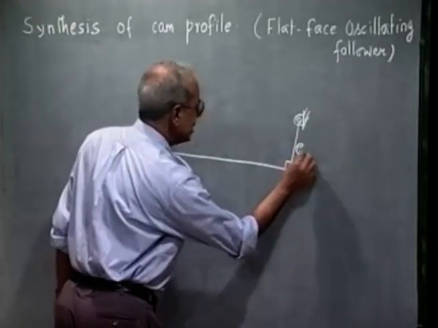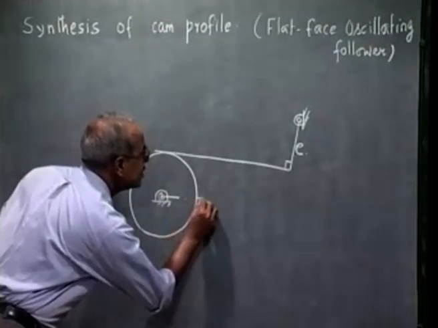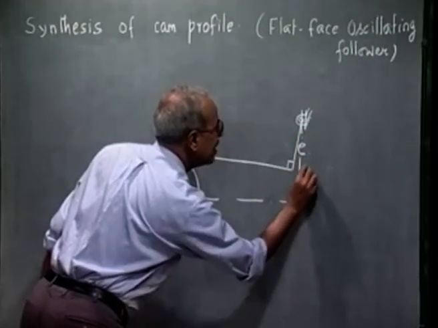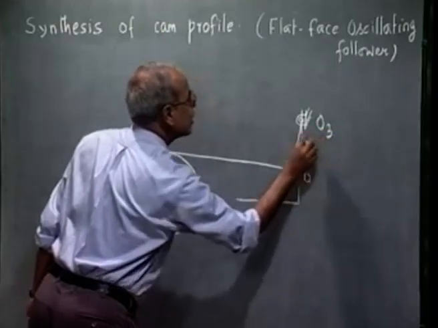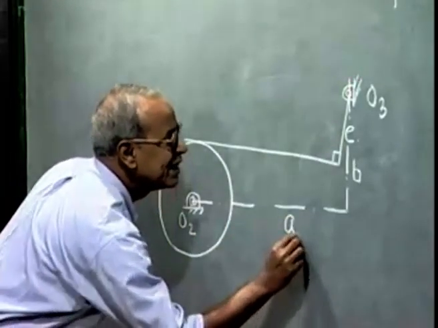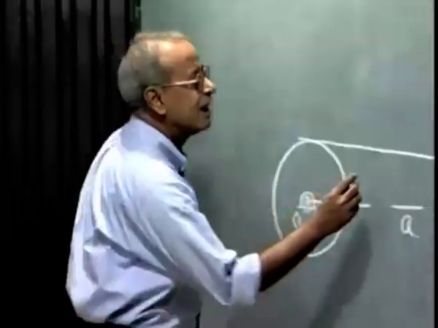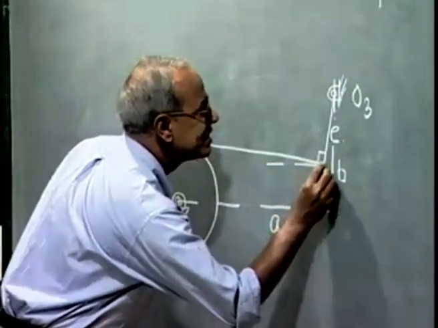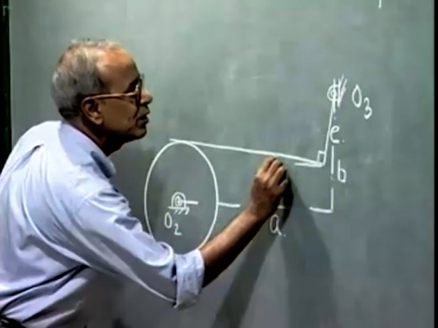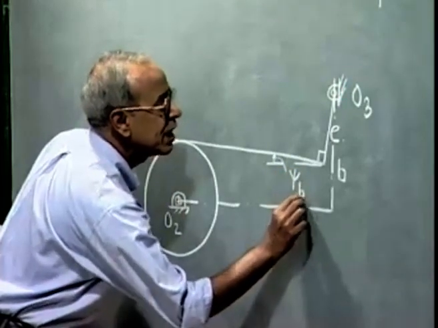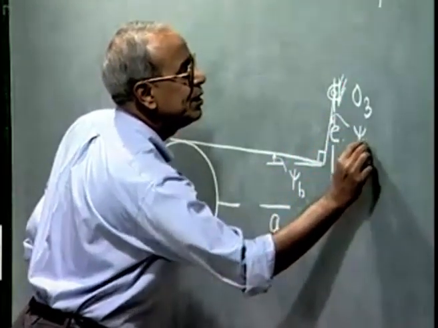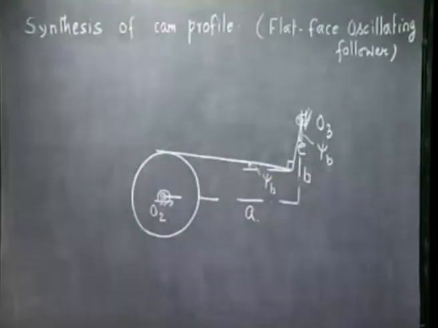This dimension we called E. The location of the follower hinge from the camshaft was given by these two dimensions A and B. The angle that the follower face makes with the horizontal at this lowest position we denoted by psi B. That is the angle E makes with the vertical, or the follower face makes with the horizontal.